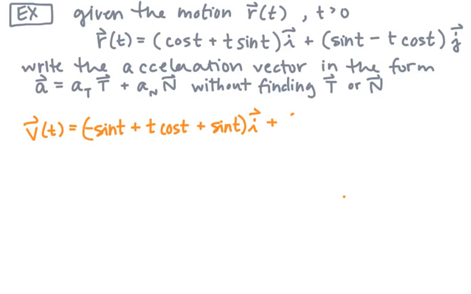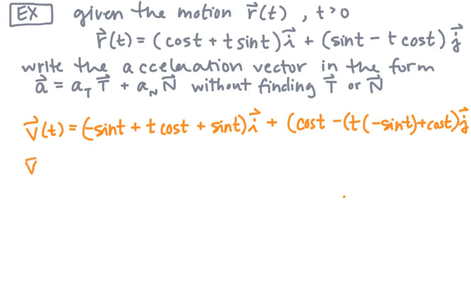As well as the derivative of sine is cosine t, minus, first I would have t, derivative of cosine is negative sine t, plus cosine t times the derivative of t, which is 1, so I don't need to write that, and then I've got my j. Notice I didn't put my parentheses in here nicely, but this minus is going to distribute through here. So I have negative sine plus sine. Those are going to go away.